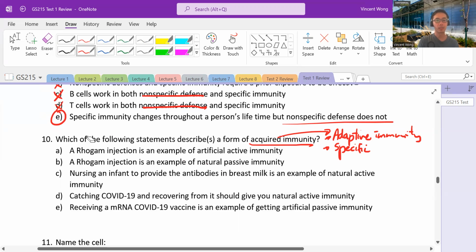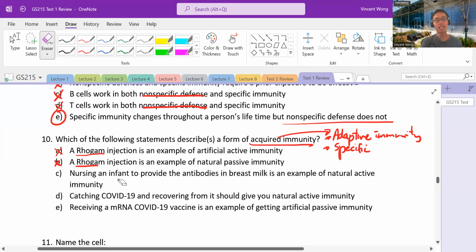Okay, is that correct? Well, no, because giving you RhoGAM does not give you protection against anything, right? We in fact we don't use RhoGAM for protection, right? We use RhoGAM to prevent sensitization, right? So A and B are both nonsense. Okay, RhoGAM has nothing to do with passive or active immunity.